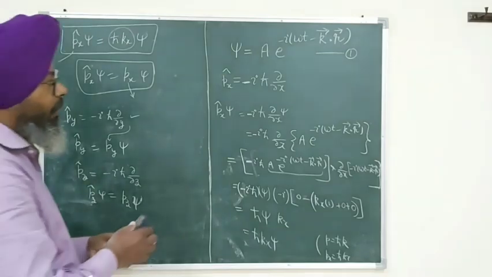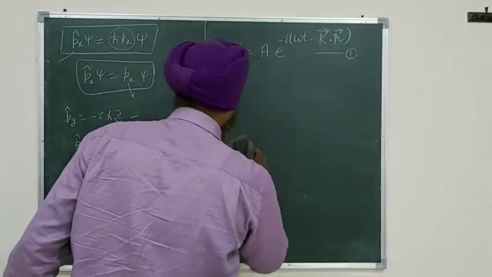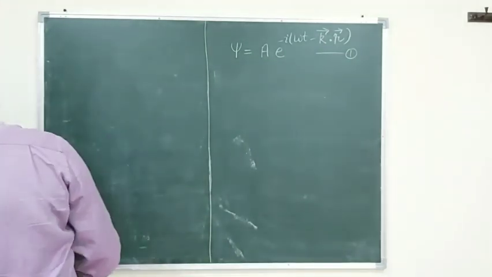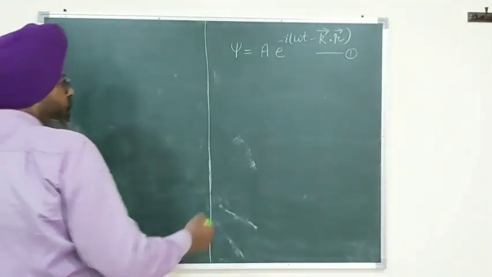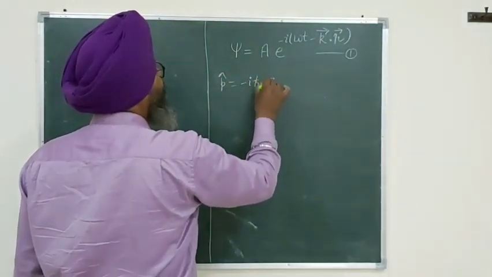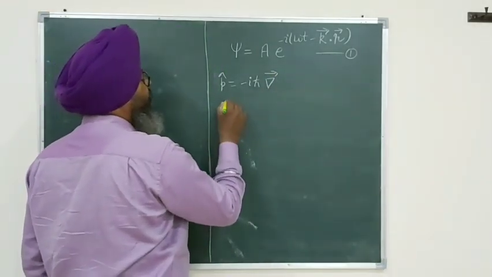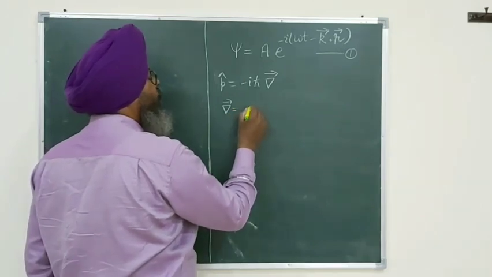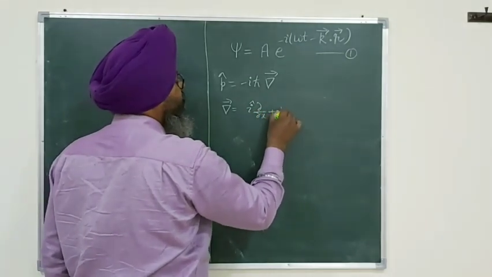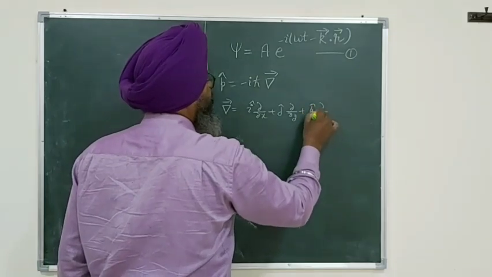Let us now discuss another operator, a three-dimensional operator. In these three examples, we were able to find the magnitude of the components of the linear momentum. Let me take now p cap is equal to minus iota h cross del vector. Del vector, if you do not have any knowledge about it, is equal to i cap curly by curly x plus j cap curly upon curly y plus k cap curly upon curly z.